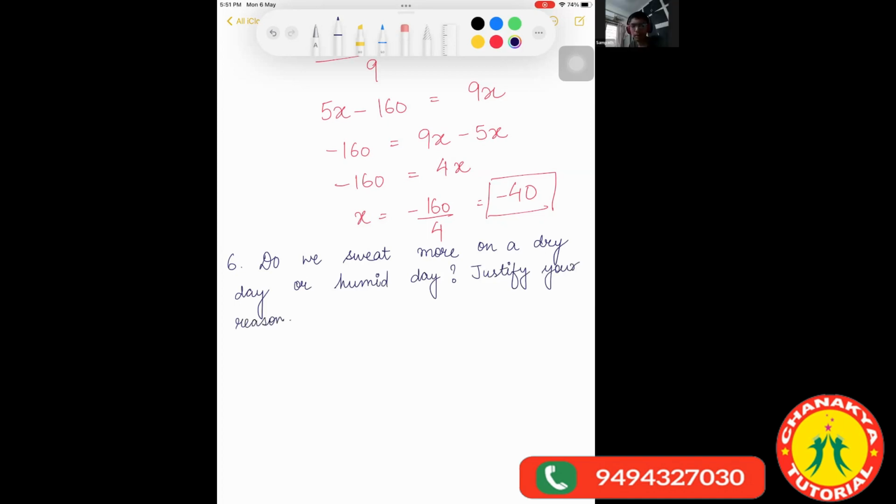Ma'am, may I? Yes, Sampath. Ma'am, we sweat more on humid day, because in humid day the moisture content in the surroundings is very high, which decreases the rate of evaporation and lets the sweat be on our body. Very good. That's absolutely correct. So the answer is humid day, because on a humid day, the moisture content is already high.